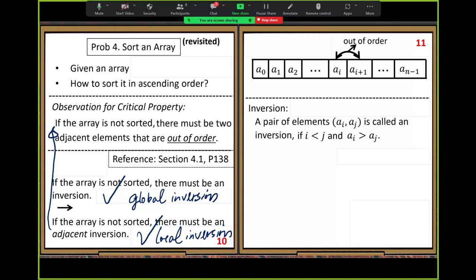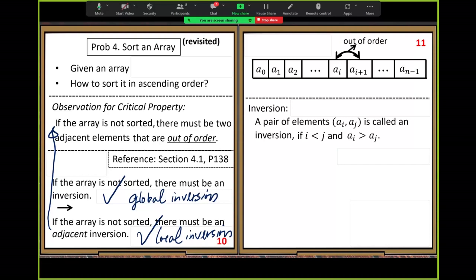So the idea of the new solution is, let's check all the possible local inversions or adjacent inversions. If we can find one, let's swap two elements to remove that inversion. Whenever we see one local inversion, an adjacent inversion, we just do a swap operation to remove it.